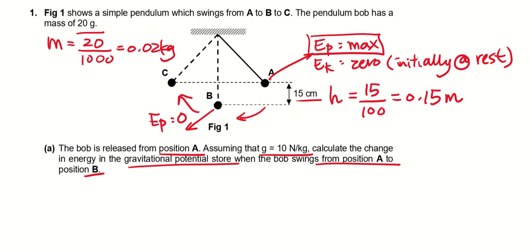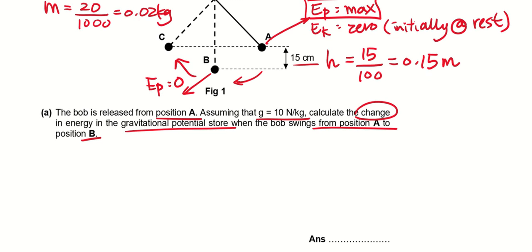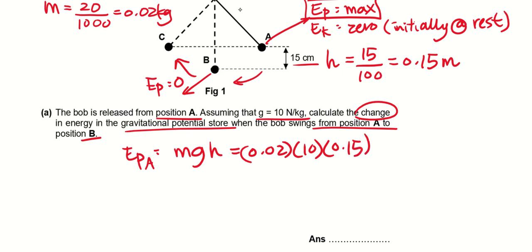They want us to calculate the change, so let us calculate the initial energy in the gravitational potential store at A. We use the formula mgh equals 0.02, which is our m, g is 10, h is 0.15, and that gives us a value of 0.030 joules.